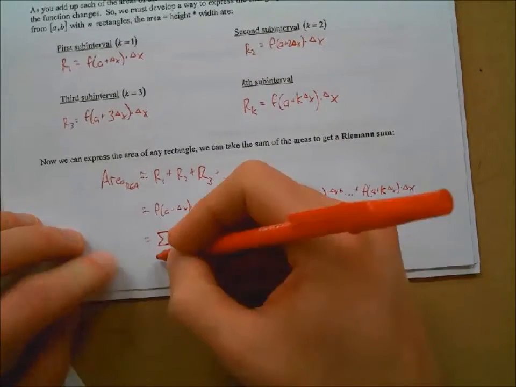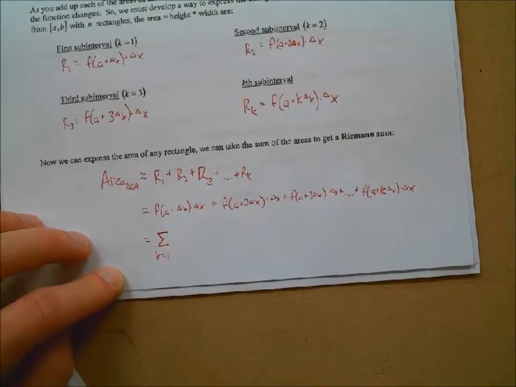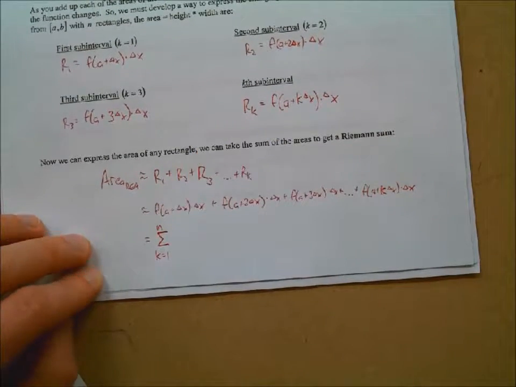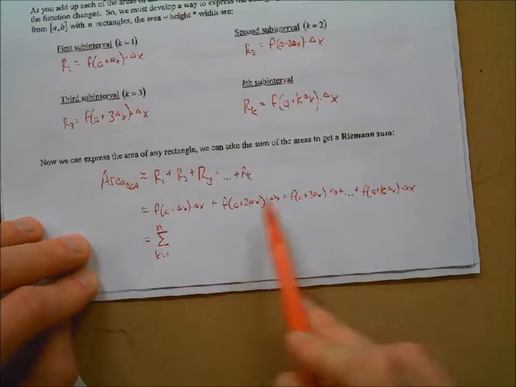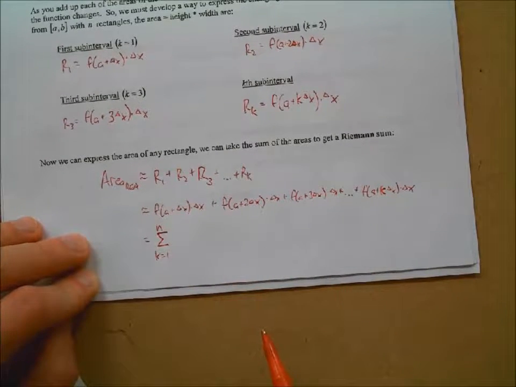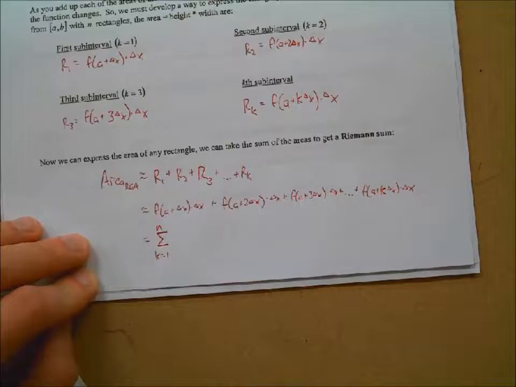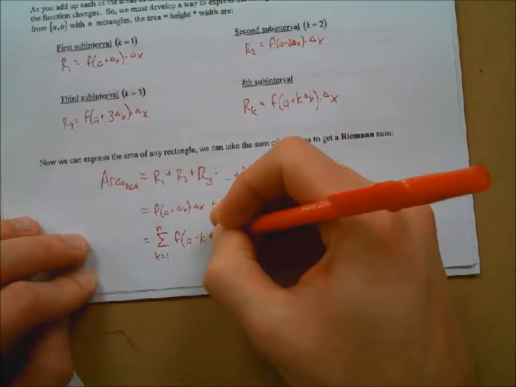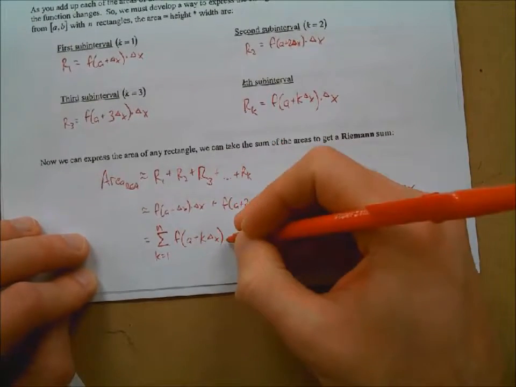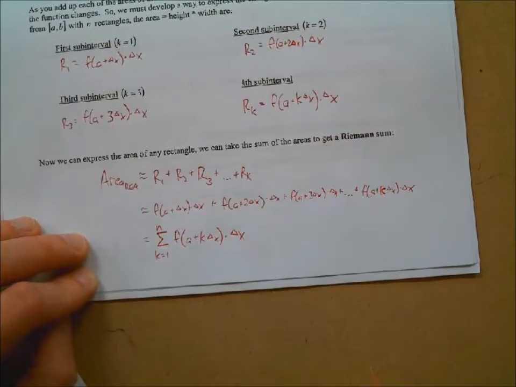Sum from k equals 1 to n, because we're counting from k equals 1, 2, 3, and then going all the way up to n, the number of subintervals we have, of f of a plus k delta x times delta x.